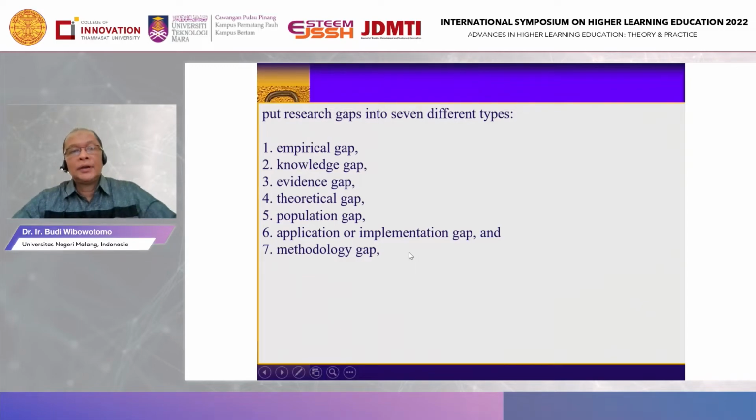How about the lecture or teaching method in the COVID area? We are using the online method or offline method. What is the difference? What is the strength and weakness? Something like that. This is the methodology gap.